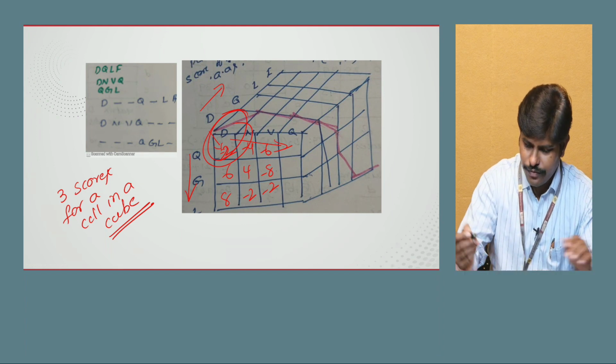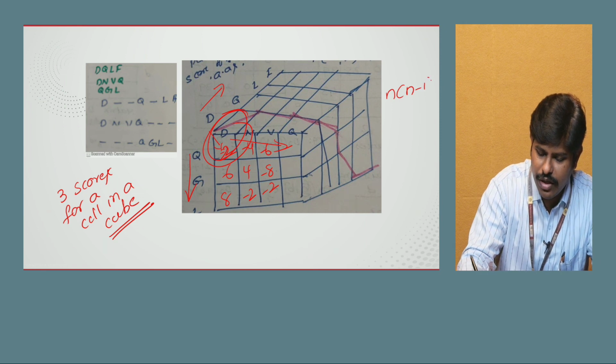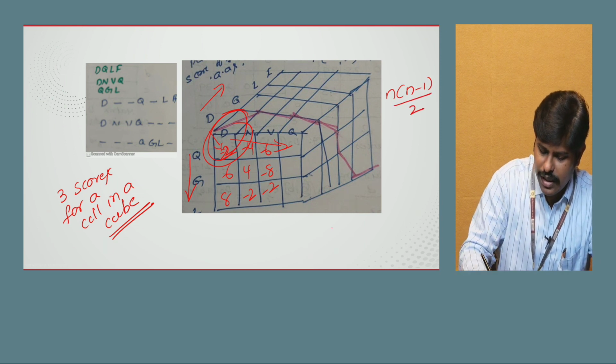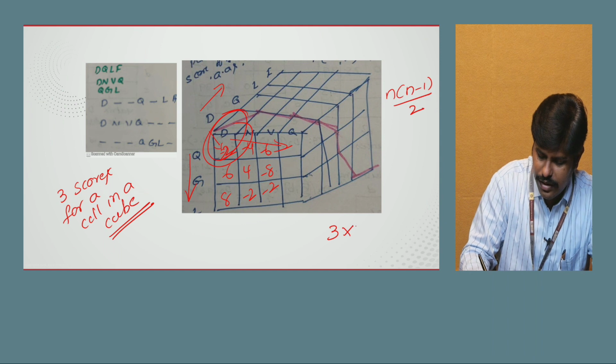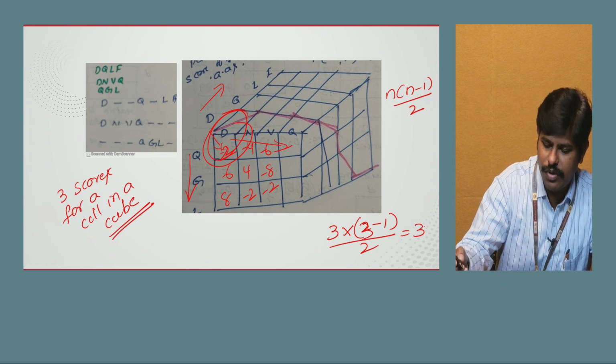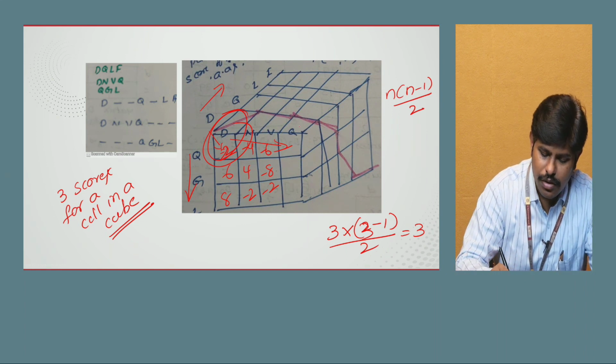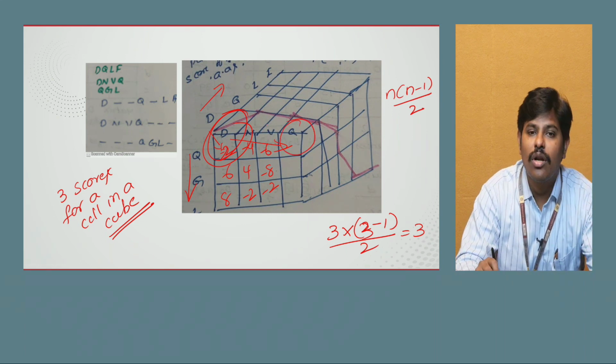There is a formula for the number of pairs possible here: n into n minus 1 by 2. Since I have three sequences here, that will be 3. So 3 scores are possible here, and all these 3 scores are added up to fill the score of this small cube.